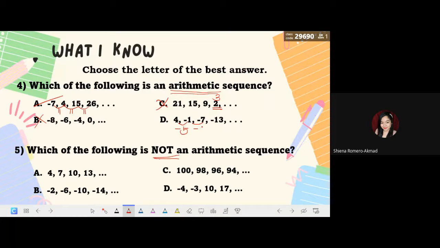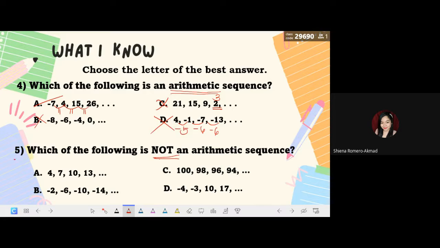Is it negative 5 or negative 1 minus 4, negative 5? Tapos ito, negative 6. So, hindi na siya arithmetic.